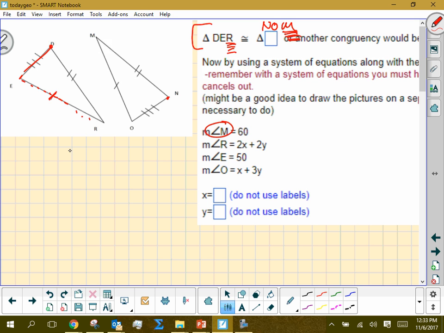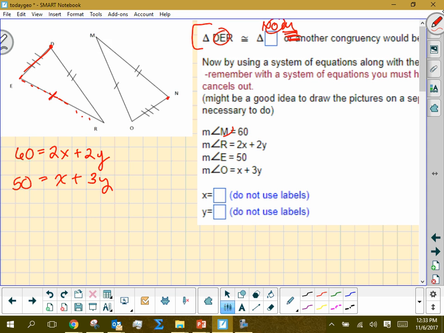So I want to say that 60 is equal to 2x plus 2y. M and R should be corresponding angles, so those two things need to be equal. Then they start talking about E. I'm going to look at E, middle letter there, and O, middle letter there. So E and O should be equal. So I'm going to say 50 is equal to x plus 3y.